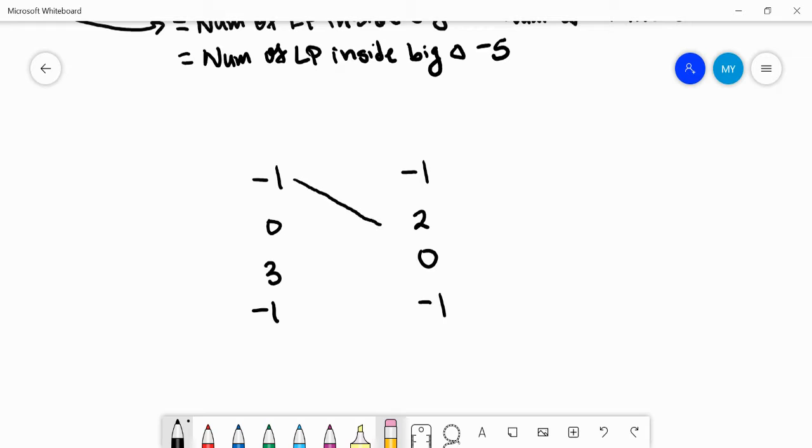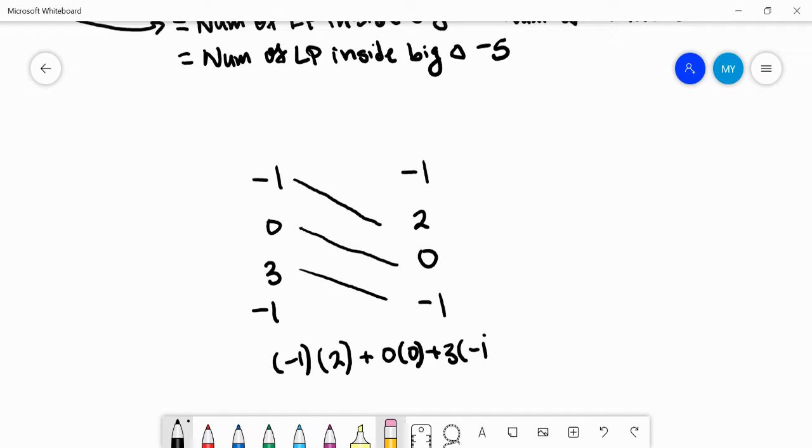You add -1 times 2 plus 0 times 0 plus 3 times -1. Then subtract 0 times -1, subtract 3 times 2, and subtract 0 times -1. This is why it's called the shoelace formula, because it makes that crisscross pattern.